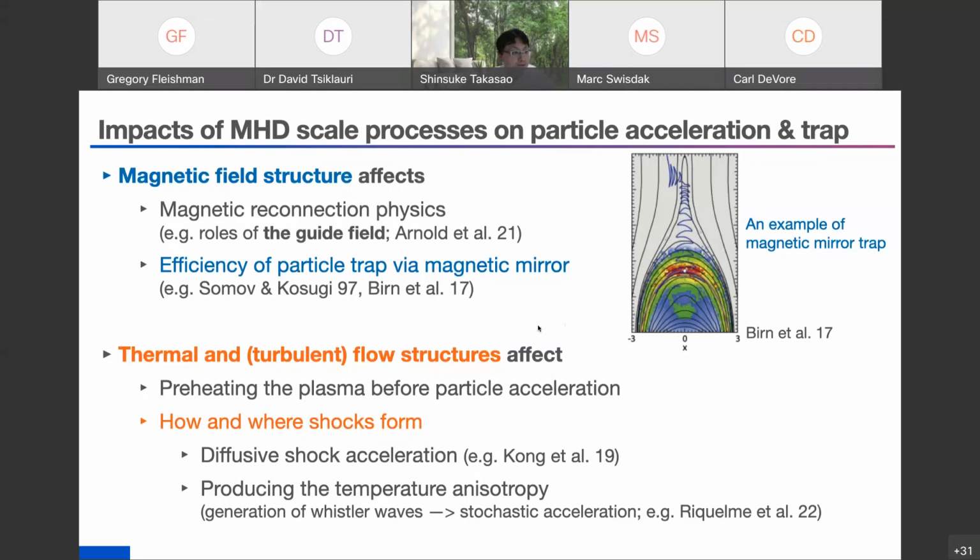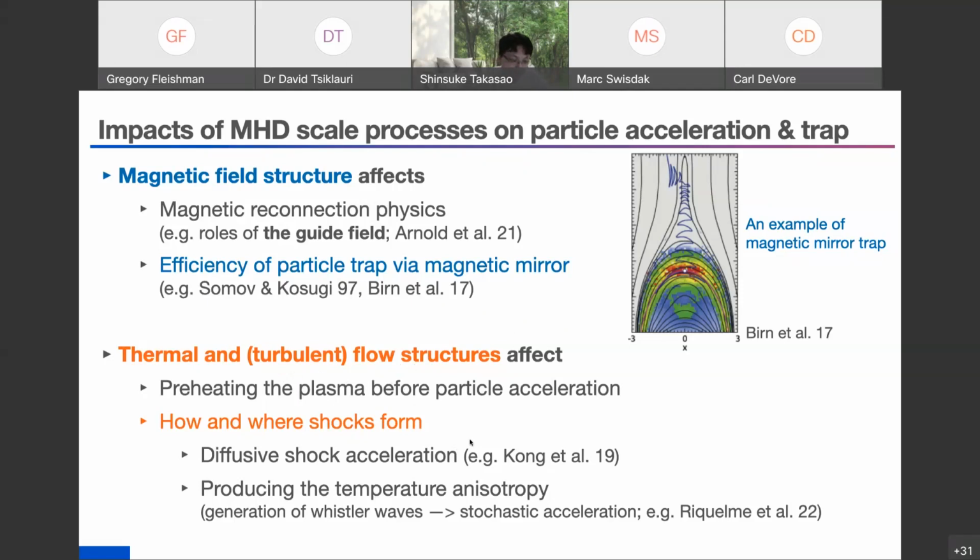The efficiency is determined by the large scale field structure. In addition to that, the thermal and turbulent flow structures also have some impact. These structures will affect the preheating of the plasma before particle acceleration, and also affect how and where shocks form.